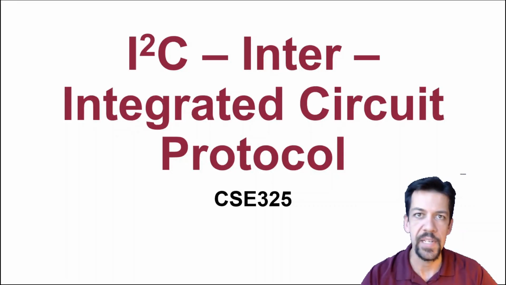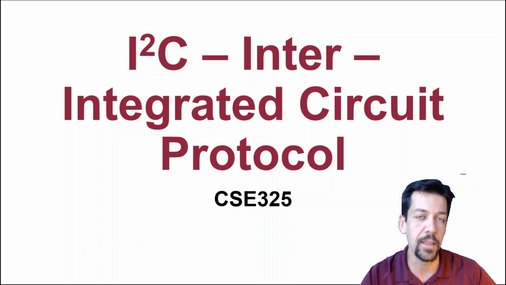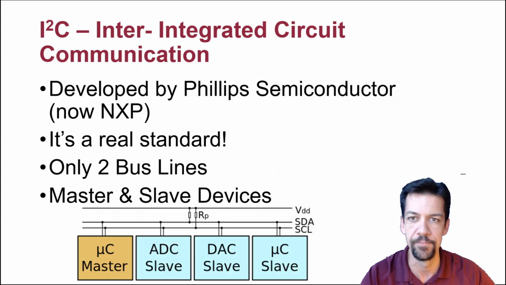The I2C interface, or Inter-Integrated Circuit protocol, is a little bit more complicated, but it's also very, very common because it is very low wire count and it's pretty simple to implement. It was originally developed by Philips Semiconductor, which has changed hands many times and is now NXP.